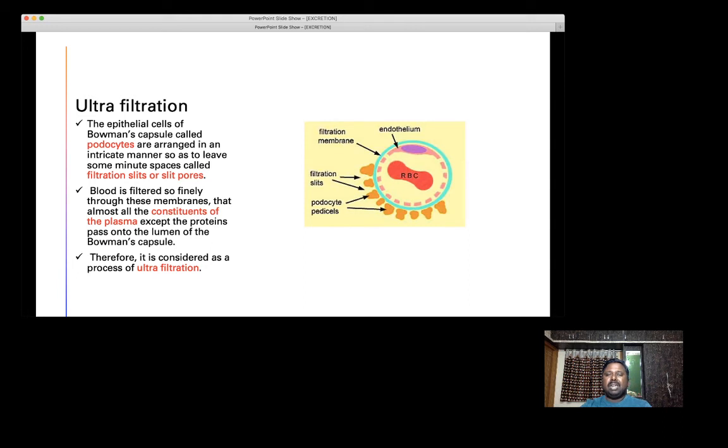The blood is filtered through these slits. All constituents of the plasma except proteins are filtered through the Bowman's capsule and flow through the filtration slits. This process is called ultrafiltration.